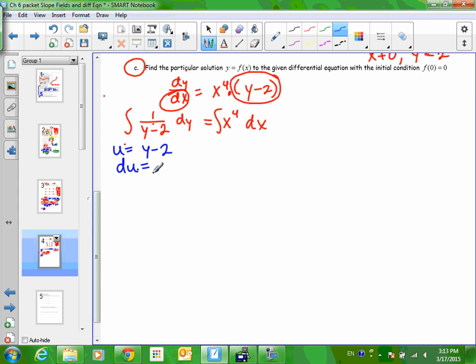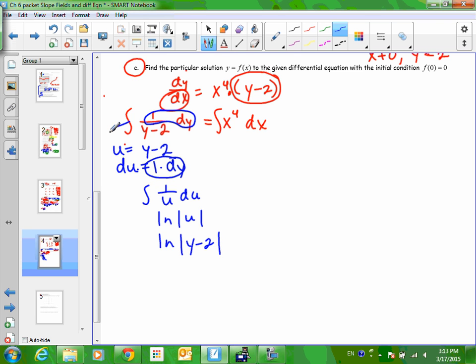1 times d, in this case y. But normally we would say dx. Okay, look at that. This is great because 1 dy is right there. So this whole thing turns into 1 over u du, which is natural log of u, which is natural log of y minus 2. All right, now here's the thing.